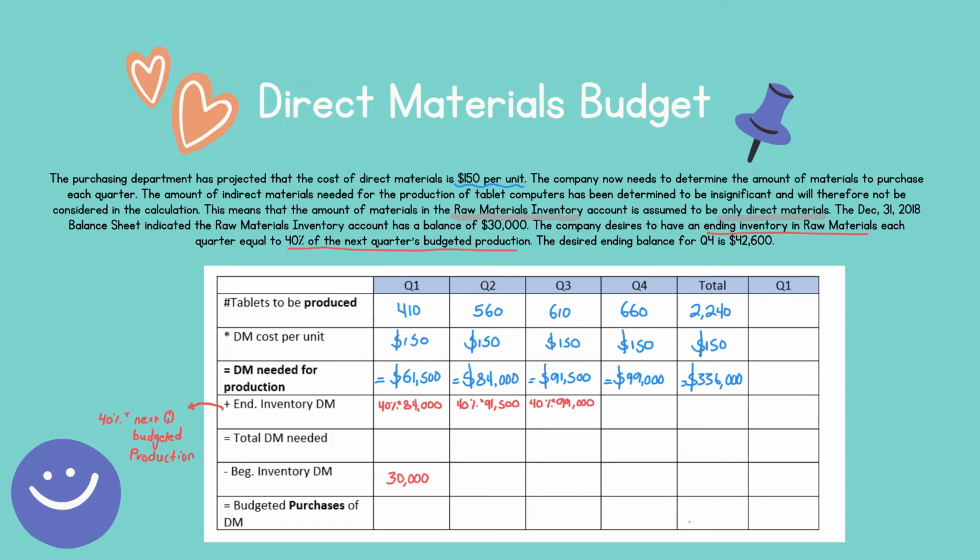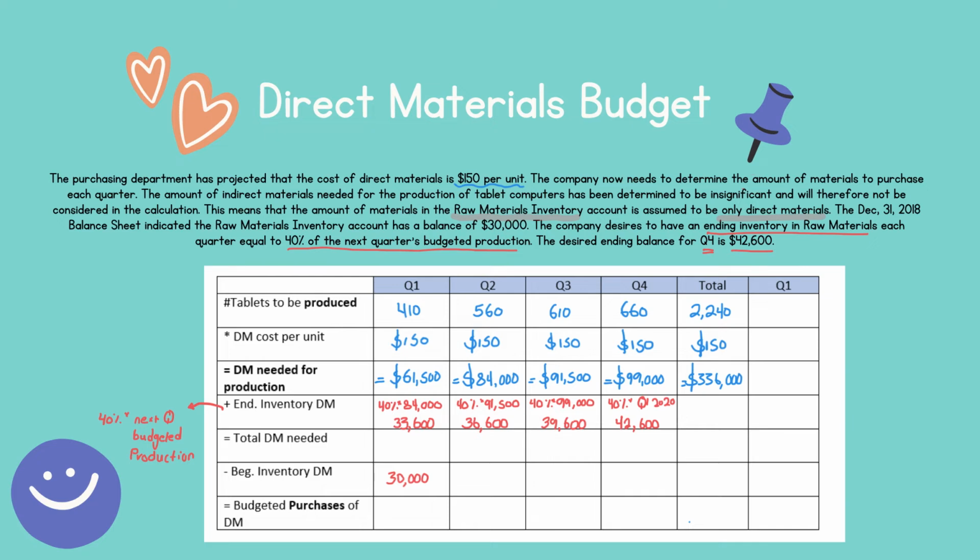Now in quarter four, I need to multiply 40% with next quarter budgeted production, which is quarter one 2020. I don't have it here, so he gave it to you. The desired ending inventory in quarter four is 42,600, so it's given. Okay, so let's find the answer for the rest.